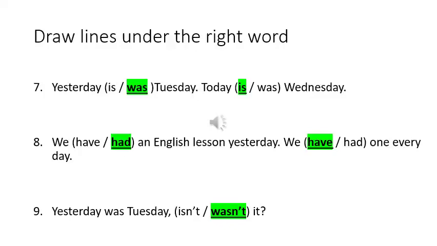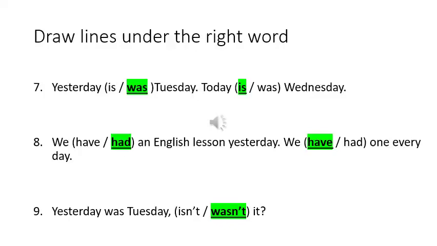Question number 8. We dash an English lesson yesterday. We dash one every day. Now here you have to know where to use have and where to use had. Had is used for past tense, that is already done, and have is used for present tense.